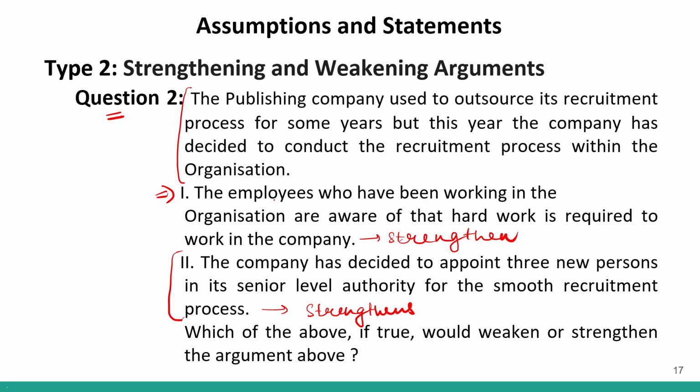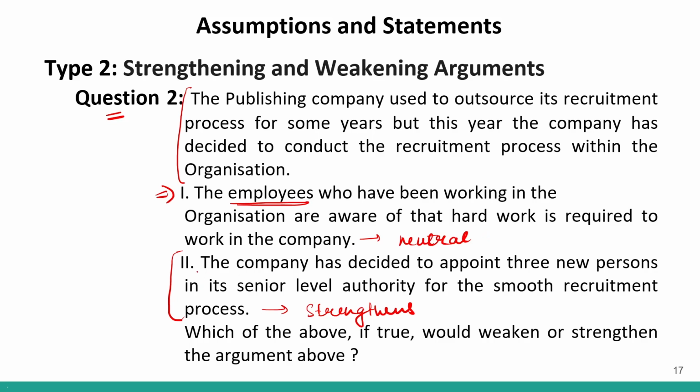The first one said the employees who have been working in the organization are aware of the hard work that is required to work in the company, right? But is it mentioned that these employees, the ones that have been working, are involved in the recruitment process? No. It is not mentioned whether they are involved in the recruitment process or not. So this will be a neutral statement. This will neither support nor weaken the argument.